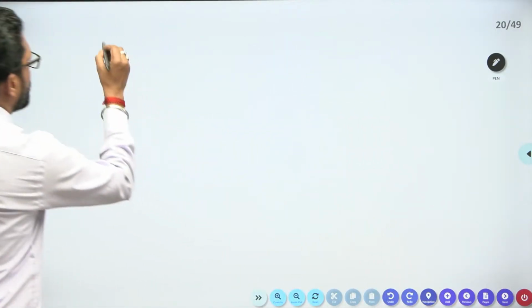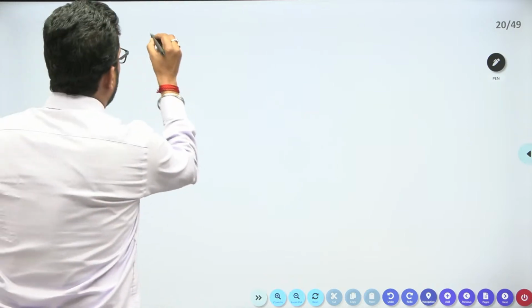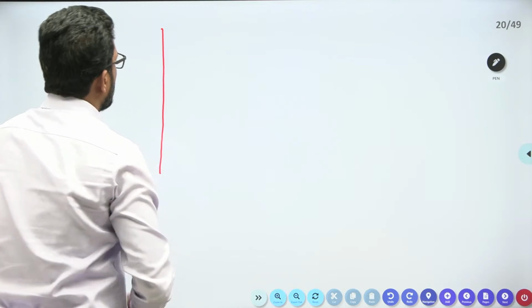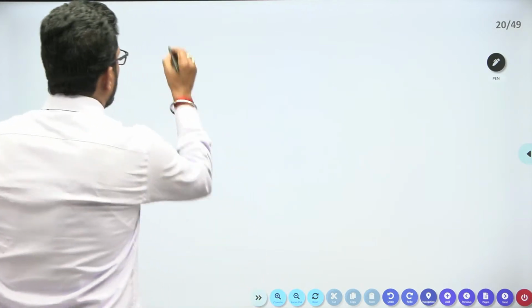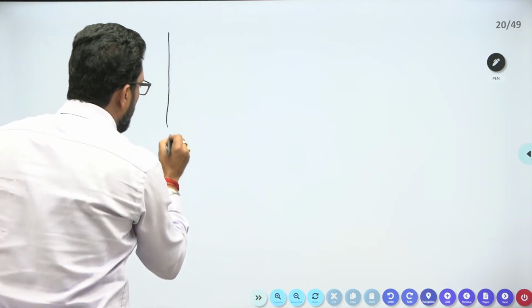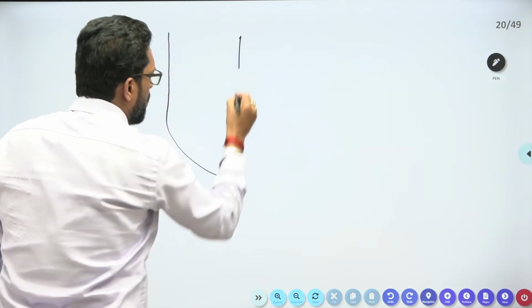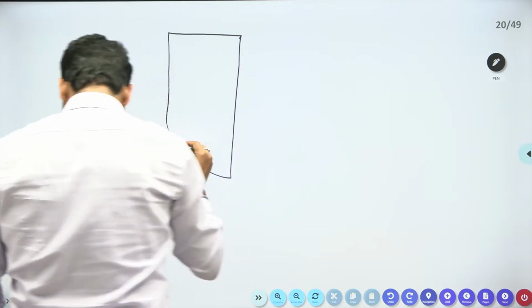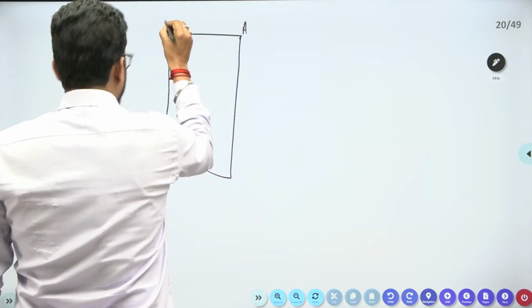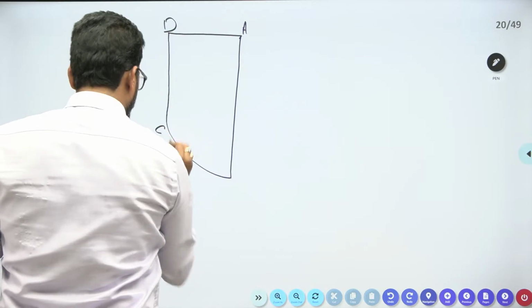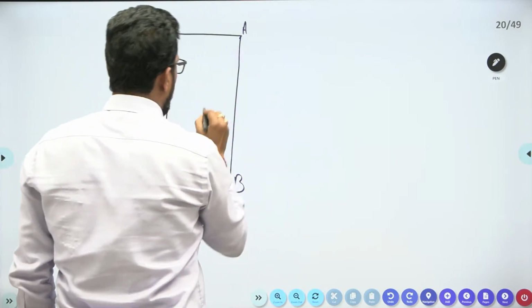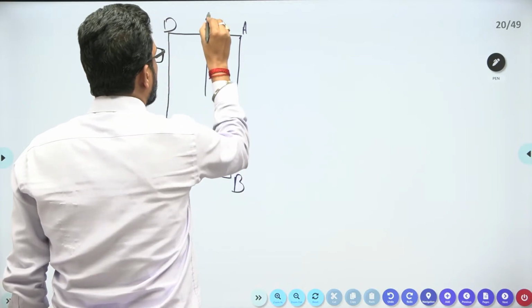First this one, A, D, C, B, and this is your upward direction.